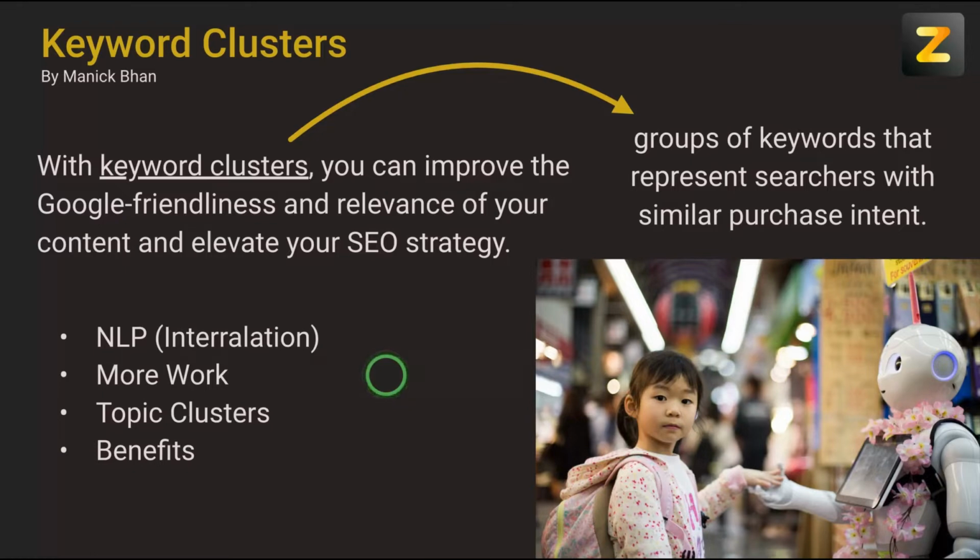For instance, people who are searching for the best AI copywriting tool. So you will find keyword clusters that represent that similar purchase intent, and you're going to use all those keywords to rank on Google. And what are the benefits of the keyword clusters?